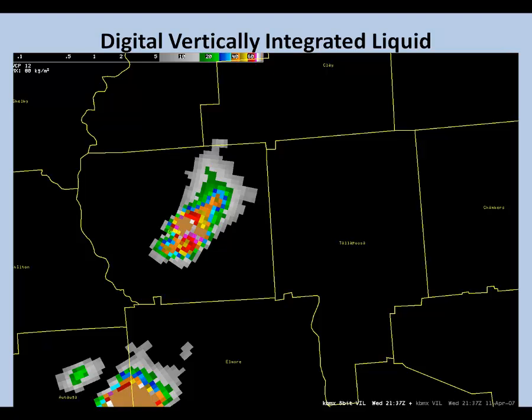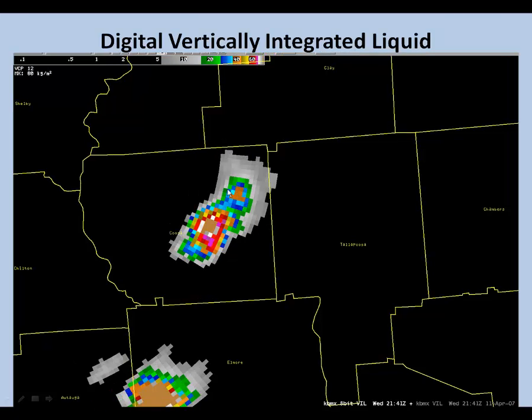So if a storm is splitting, and this storm is splitting to the north, you can start to see indications of an updraft forming to the north of the main core. In this case, you can see across central Coosa County the main core, but then notice to the north that you can see a new core that is developing. As time goes on, this core continues to develop. This is something that you wouldn't see in VIL, but digital VIL shows it pretty well.